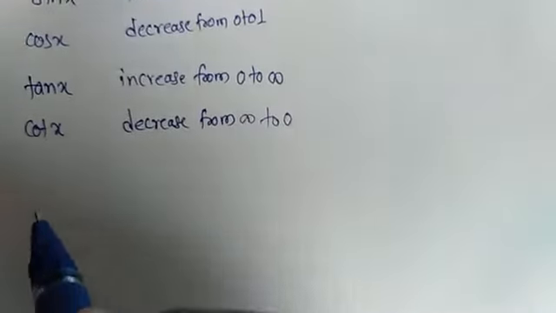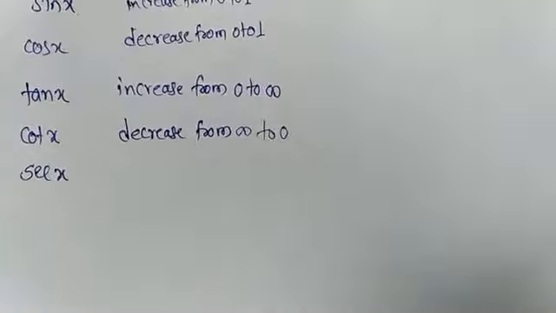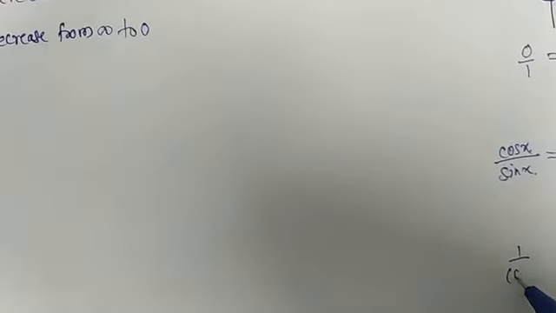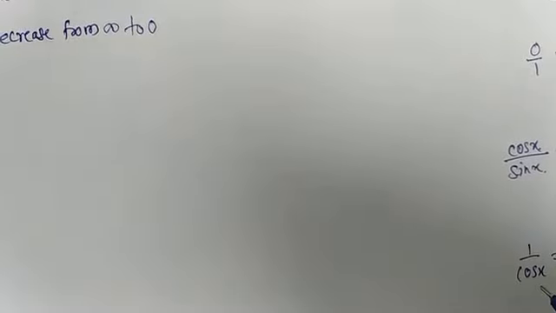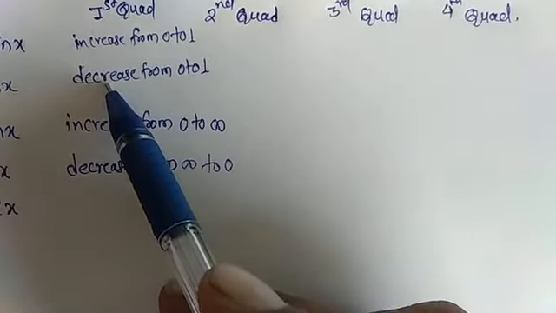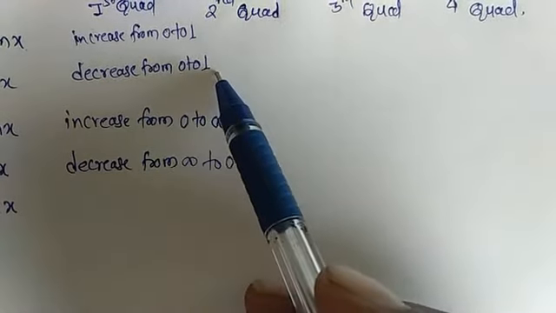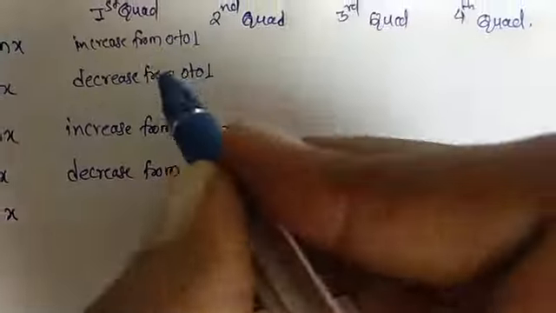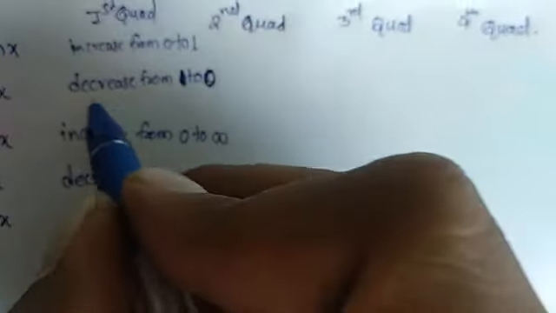Next, for sec x means 1 upon cos x. Here you can consider its reciprocal. Cos x is decreasing from 1 to 0, because cos 0 is 1 and cos pi by 2 is 0.